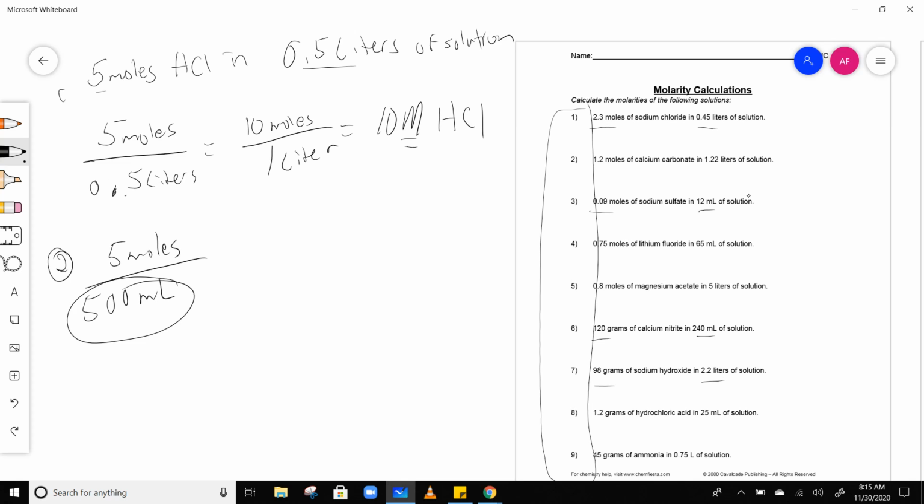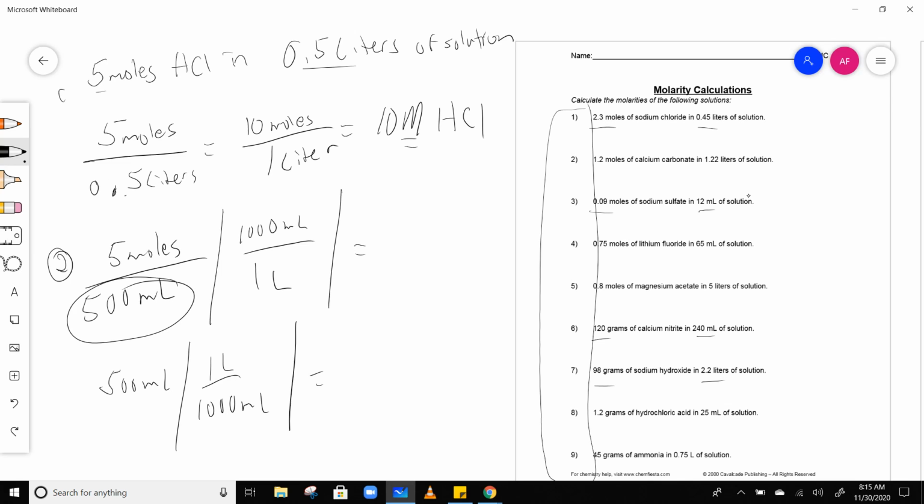We could say, okay, there's 1,000 milliliters in 1 liter, or we can just say 500 milliliters, and 1 liter is 1,000 milliliters. In this case, we do it all in 1 step, and we'd get 10 molar.